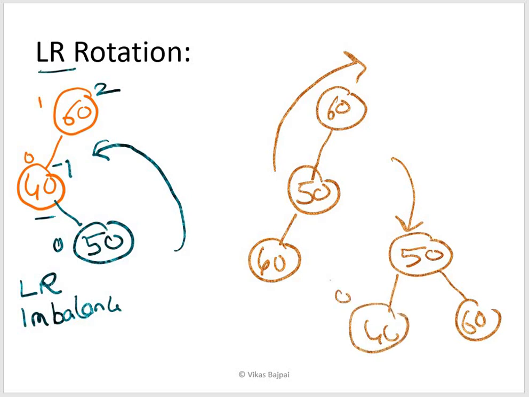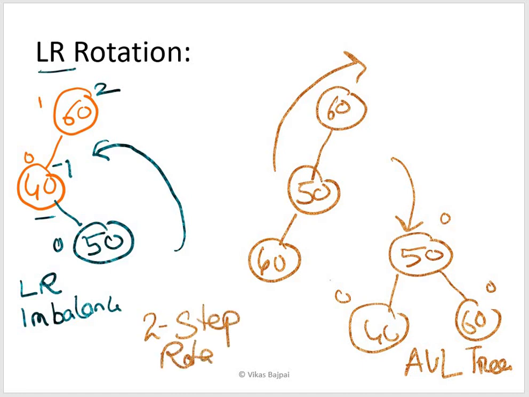So 0, 0, 0, a perfect AVL tree. And as I said previously, this is a two-step rotation. One step this, second step this. So we remove the LR imbalance by going for LR rotation.